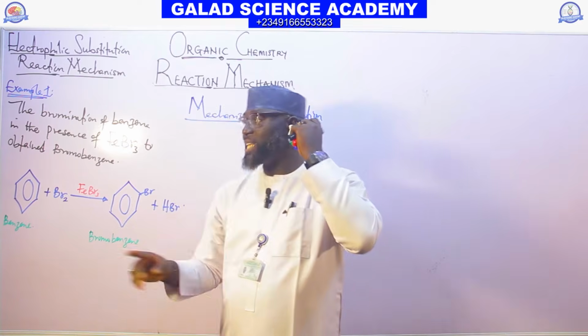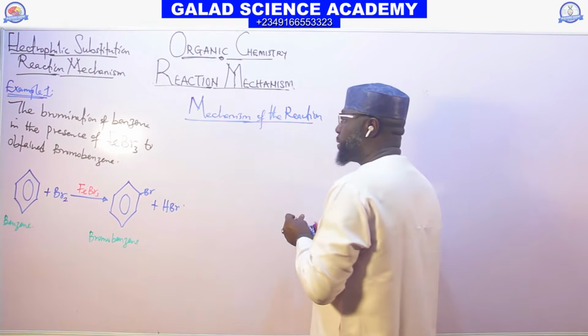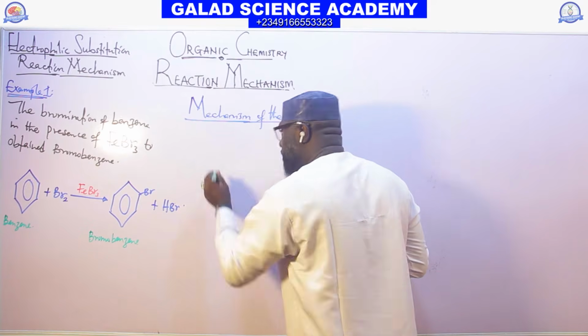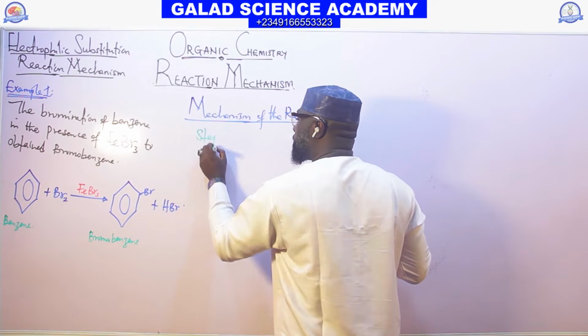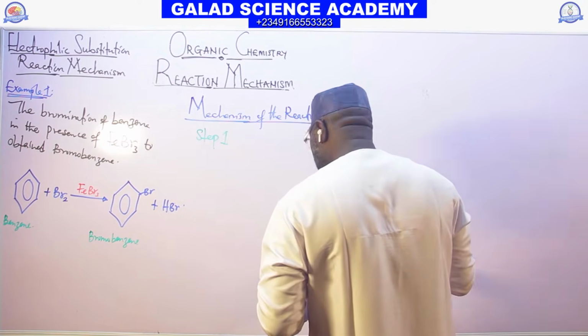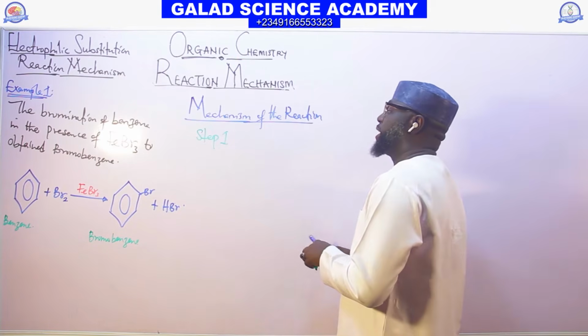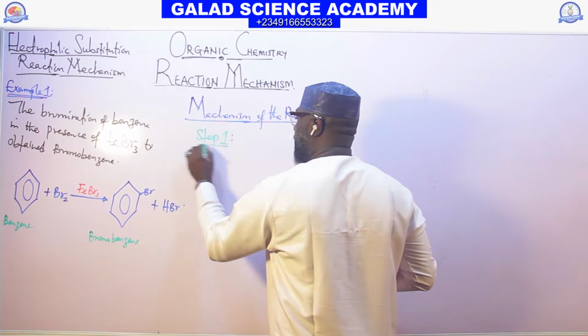How many steps? I said we have in the mechanism 3 steps. Abi? The first one, step 1. What does step 1 say? See it here.